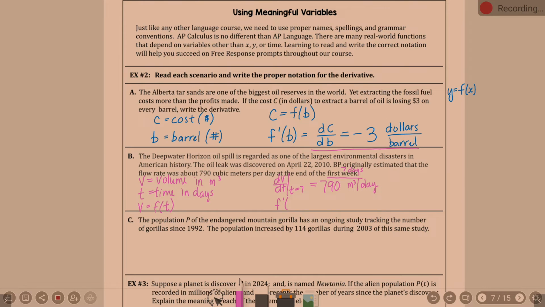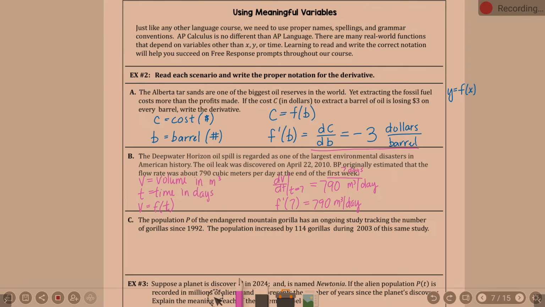So we could also say F prime of 7 is equal to 790 cubic meters per day. Okay. Notation, right? This is all about understanding the notation, putting it into play.